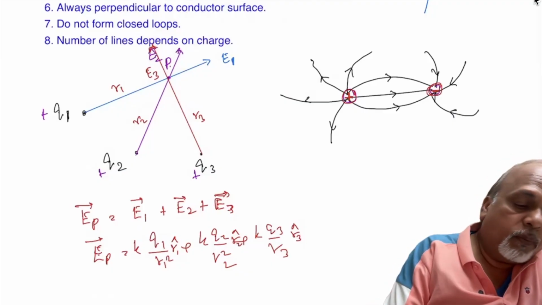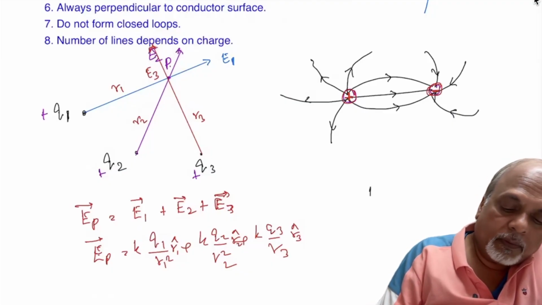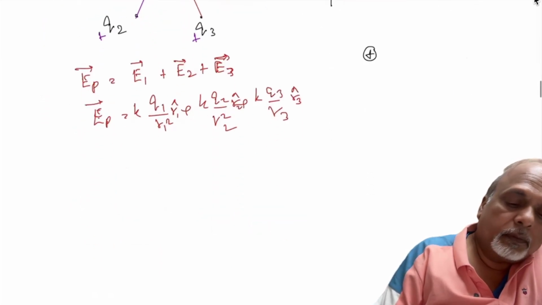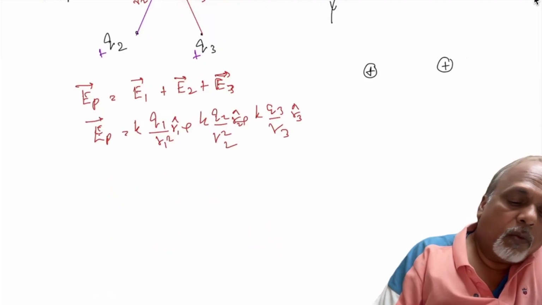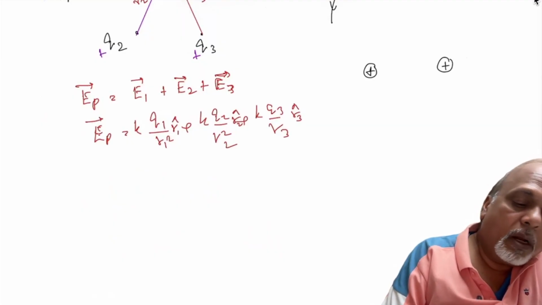And suppose you have both positive, both positive sign means they will repel.